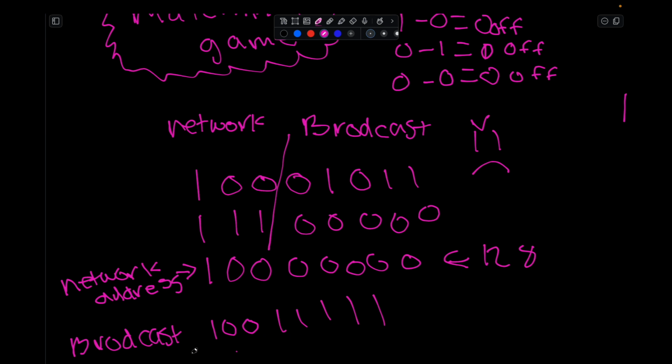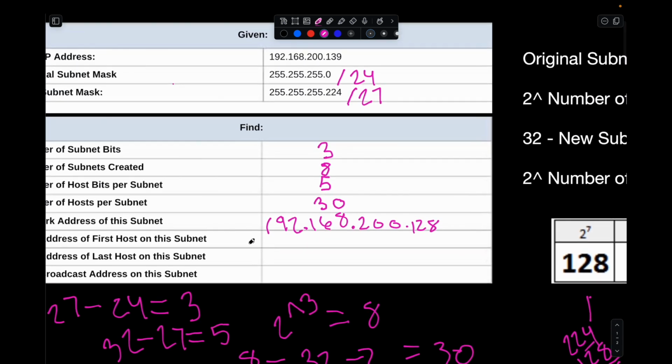We turn this into binary, and that's going to give us 159. So we go back up. It's going to be the beginning of our IP address, 192.168.200.159. And to get our first and last usable addresses, it's basically the network address plus 1, and the broadcast address minus 1.